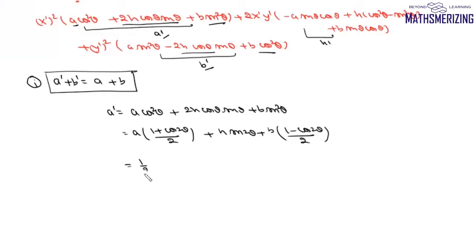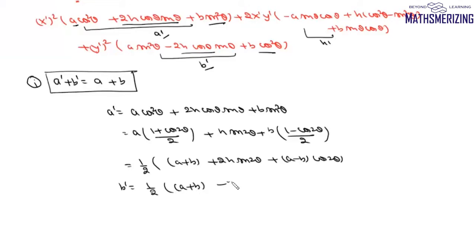So we'll take 1 by 2 common, then we can simply write this as a plus b plus 2h sin 2 theta plus (a minus b) cos 2 theta. In the same way we can write b dash as 1 by 2 [a plus b minus 2h sin 2 theta minus (a minus b) cos 2 theta].